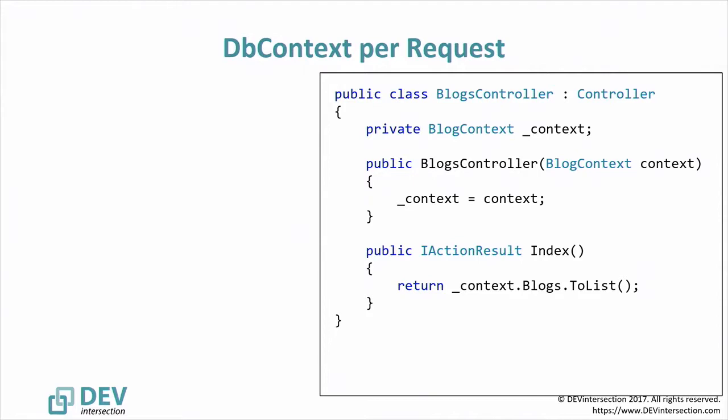So DbContext pooling. What happens, especially in an ASP.NET Core application, is that every time a request comes in, ASP.NET Core MVC in particular is going to create an instance of the controller class. And if that controller class takes dependencies, one typical thing to do is to take a DbContext on the constructor.